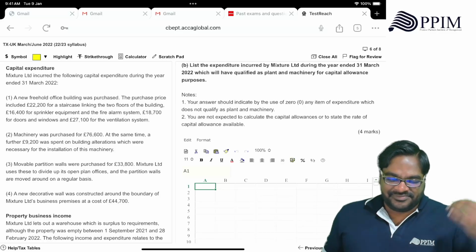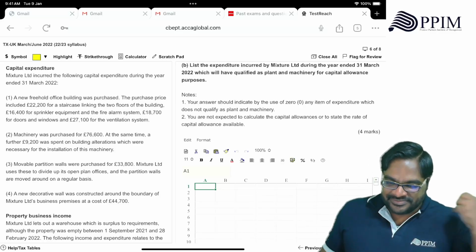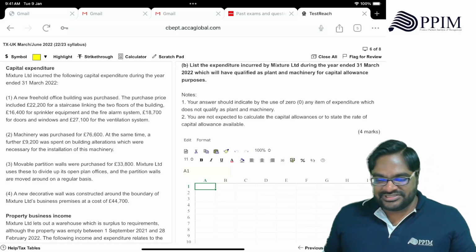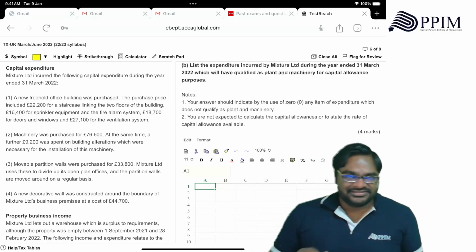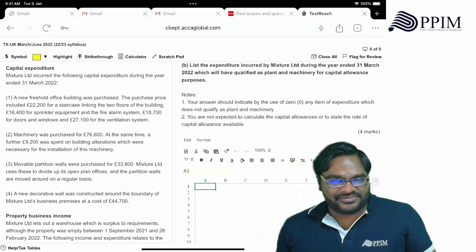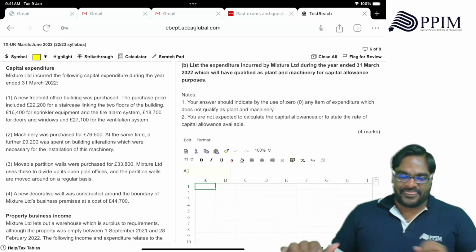Like for example, in the first one, staircase separately, sprinkler equipment separately, doors and windows separately, ventilation separately. That's what they're asking, right? Each component, is it a part of plant or machinery? Separately you have to give.